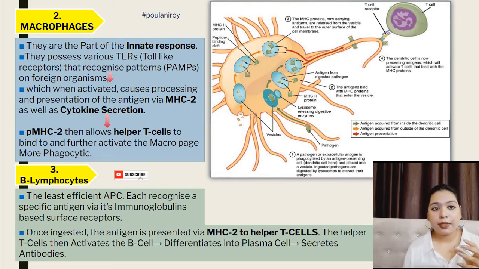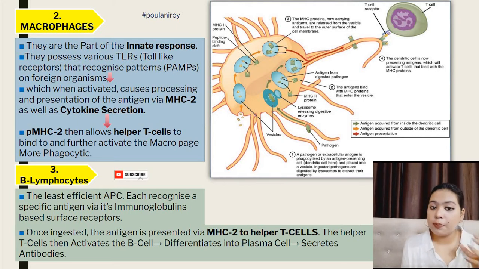Now the macrophages' work is also to signal the T helper cells. They will go and call up, like you call somebody when there is an intense case. Suppose there is a terrorist attack at some place.